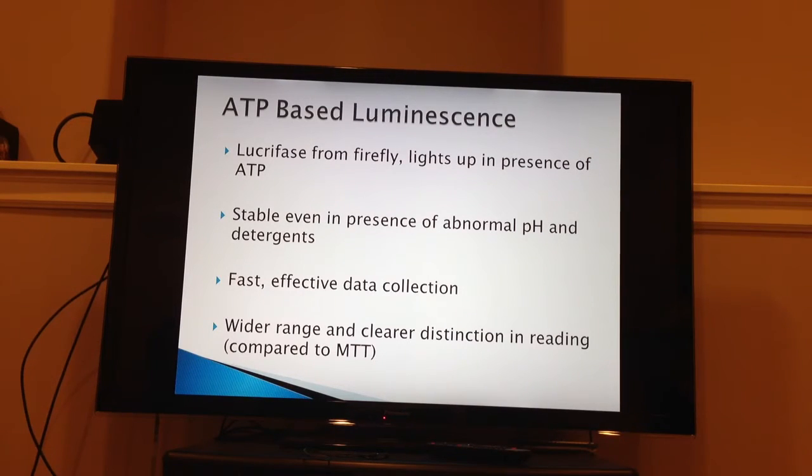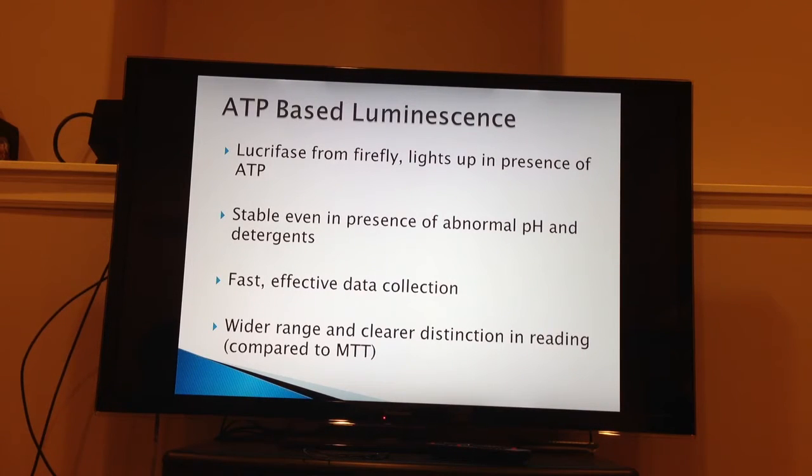I selected this assay because it's stable even in the presence of abnormal pH and detergents, which makes it an ideal assay for this experiment. In addition, data can be collected in just over 10 minutes, and the half-life of the signal lasts 5 hours. So it's very simple in its implementation, and is very effective and efficient.